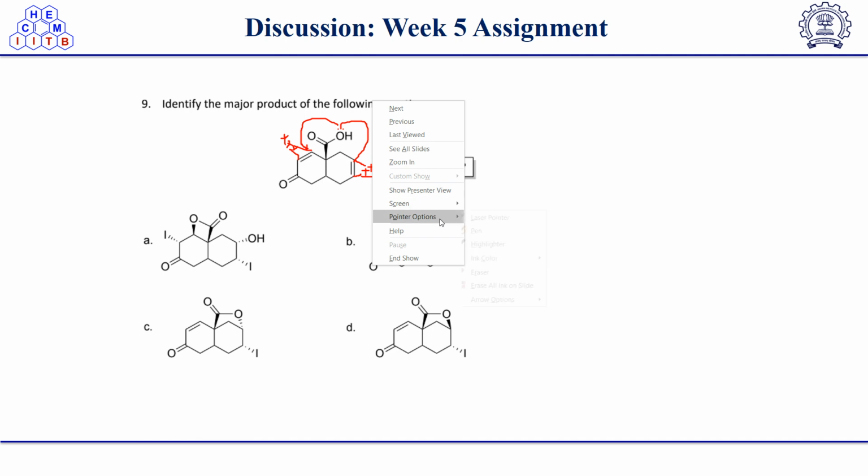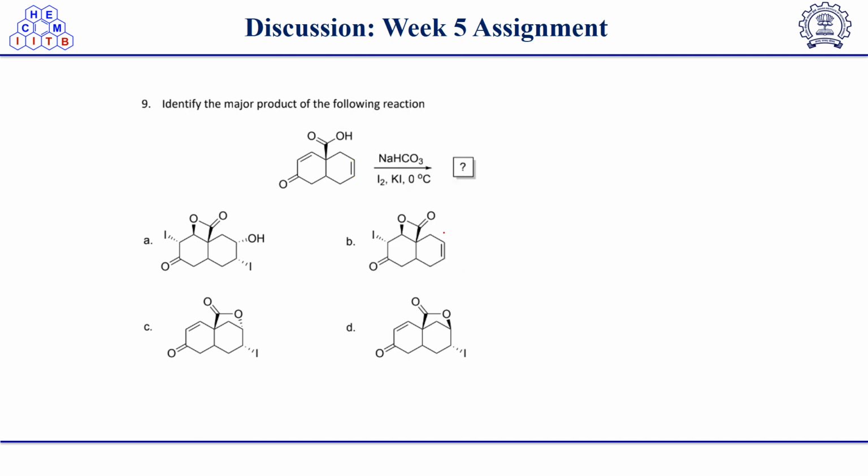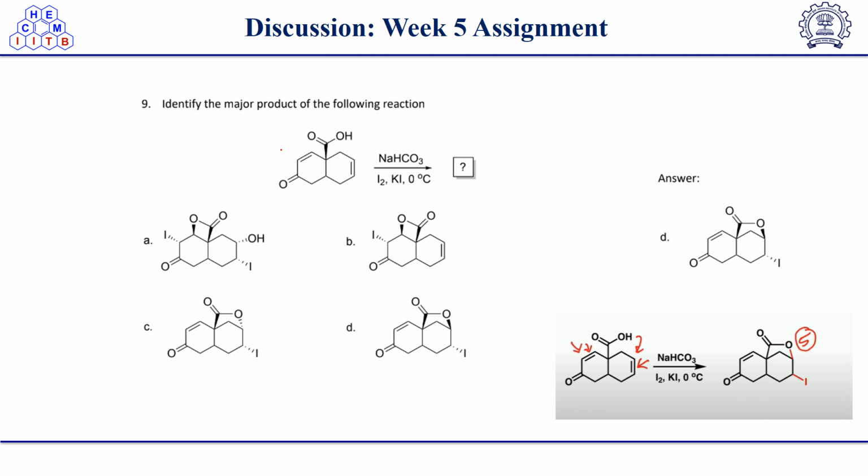So as we know, five-membered ring formation will be preferred rather than four-membered ring formation. Iodonium ion formation and subsequent lactonization will take place for this particular alkene rather than this alpha-beta unsaturated carbonyl compound. So it will be like this.